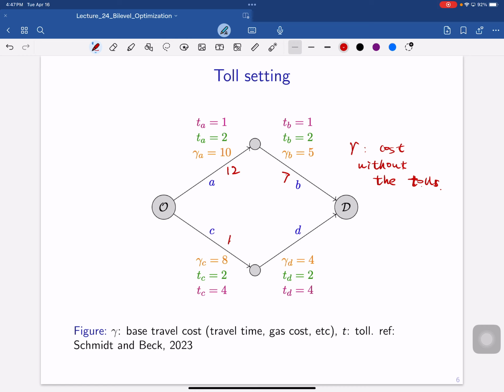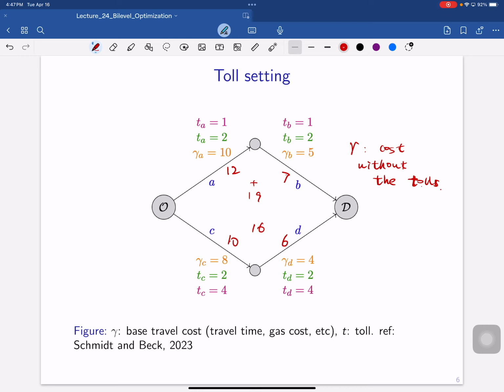You can calculate this as 10 and 4. No, this is 6. Okay, yeah. Now if you add those numbers up, if you travel through AB, the total cost would be 19. And if you add C and D up, the total cost would be 16.